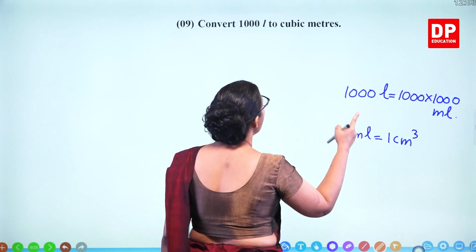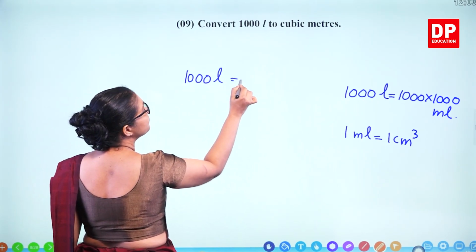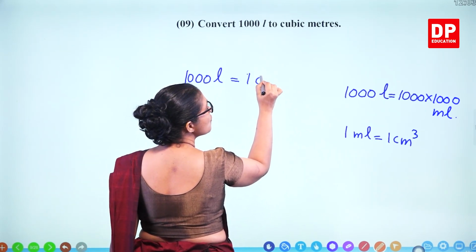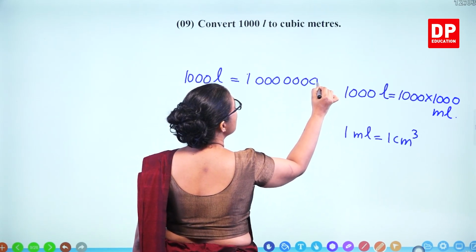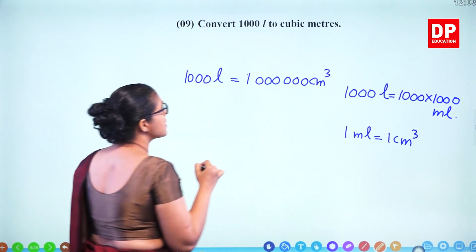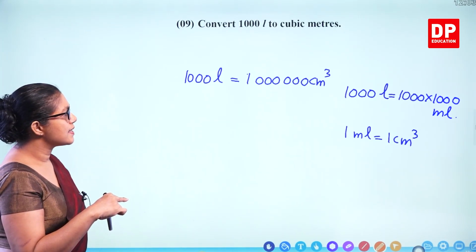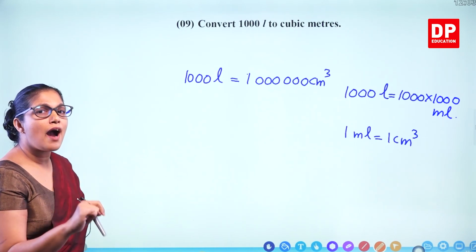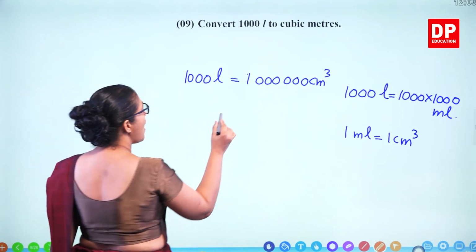So we can write 1000 liters is equal to 1000 into 1000. How many zeros? 1, 2, 3, 4, 5, 6 cubic centimeters. Now we need to find out cubic meters. So each centimeter you have to divide by 100 to get meter. So 3 times you have to do that.